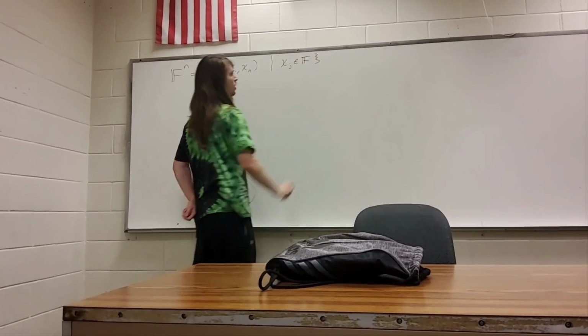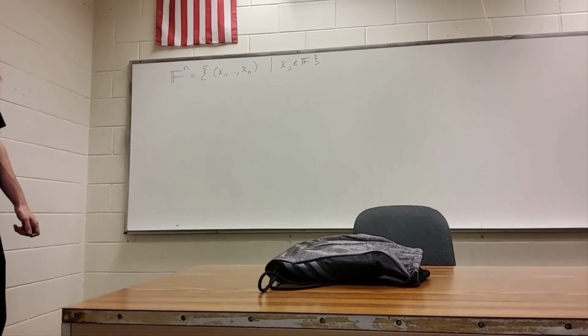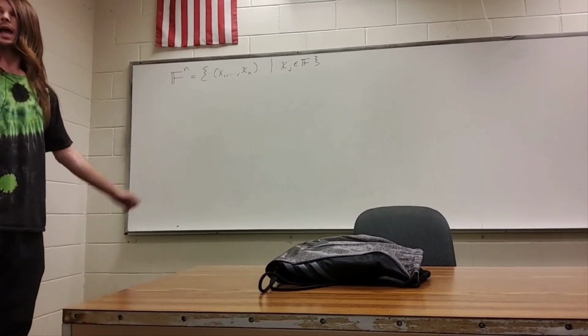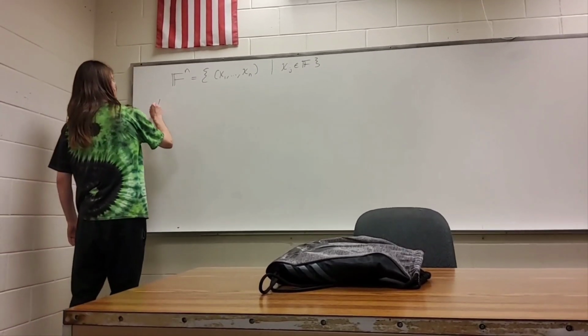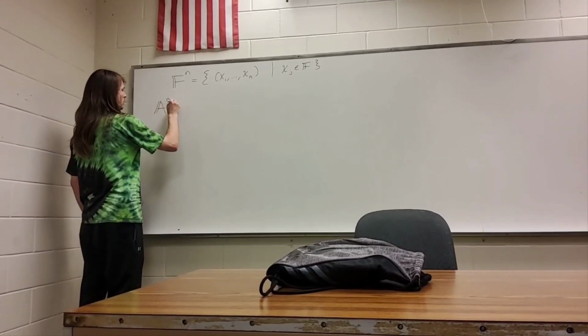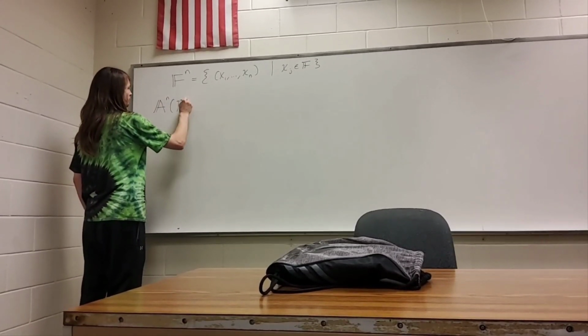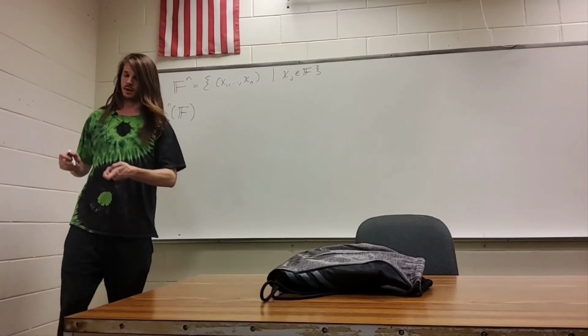And in fact, all n-dimensional vector spaces over this field will be isomorphic to this one. Affine n-space over our field F is going to share the same underlying set of points as F^n. So the points of this space are the same.